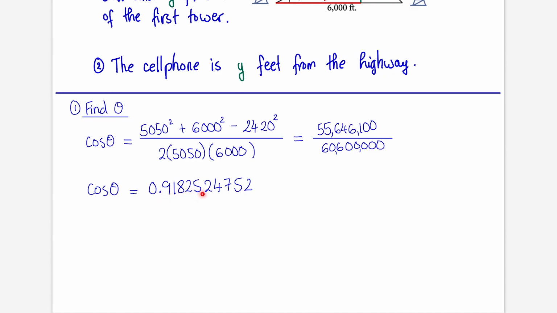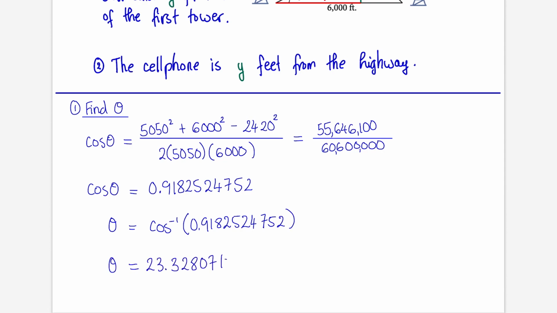And I got cosine of theta equals 0.918252472. And to find theta, I will take the cosine inverse of this number. And I got theta equals 23.32807183 degrees. The question asked to round to 1 decimal place. So that is 23.3 degrees.